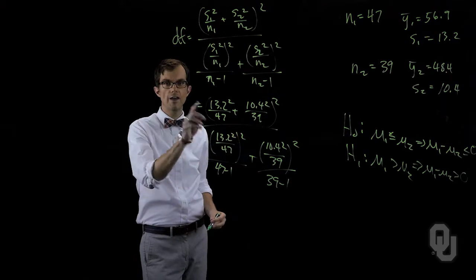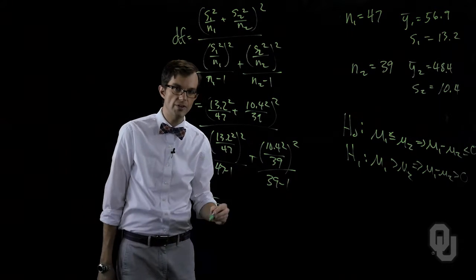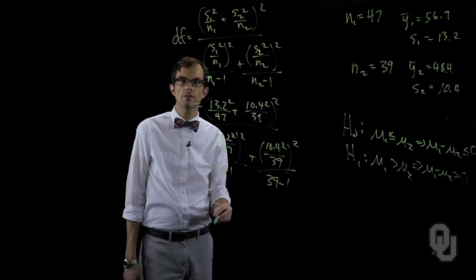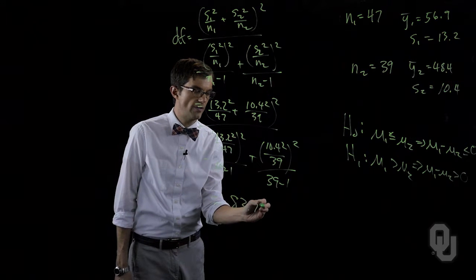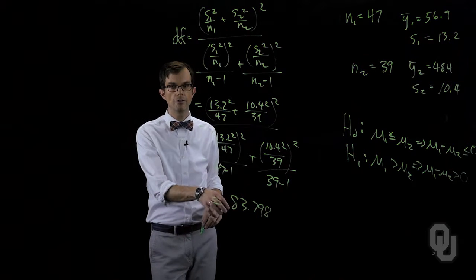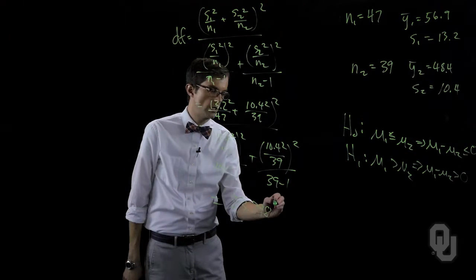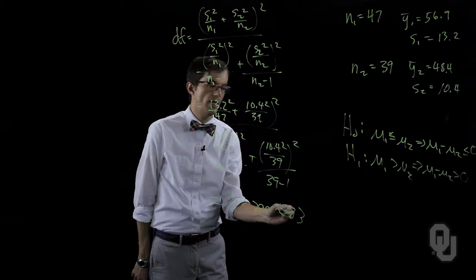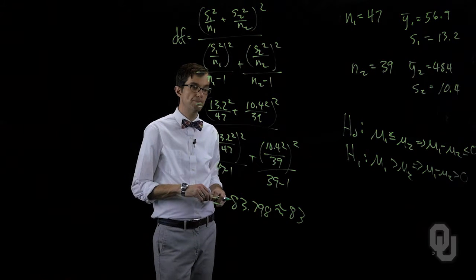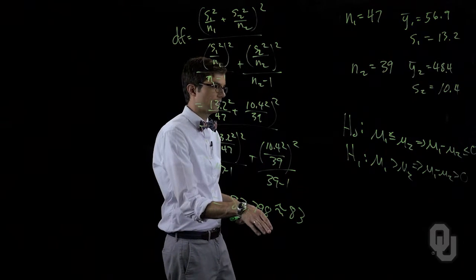If we work all of this out, and we don't make any mistakes, the answer is 83.798, not an integer. We want to be conservative about this. Since this is not an integer, we're going to round down, so that's approximately 83. So now we have our degrees of freedom, 83.